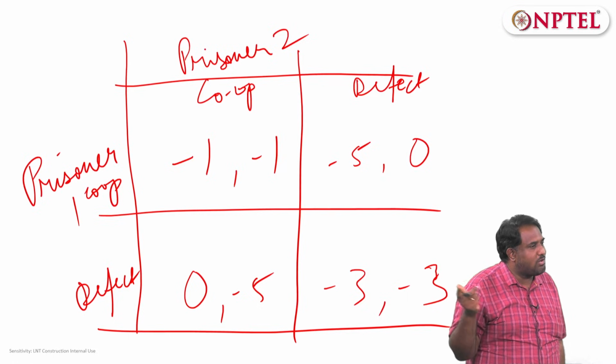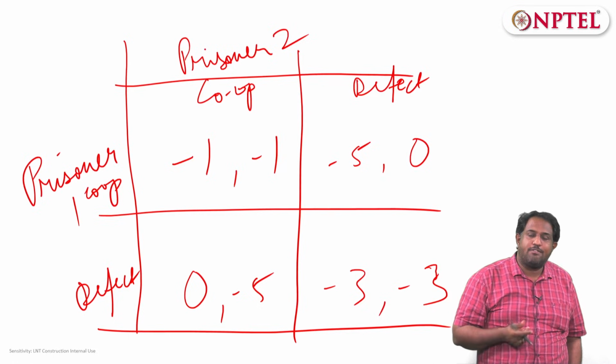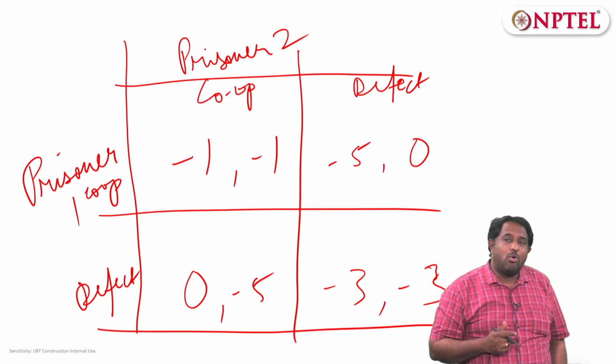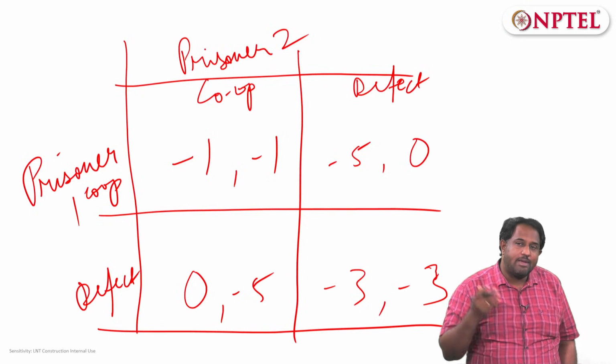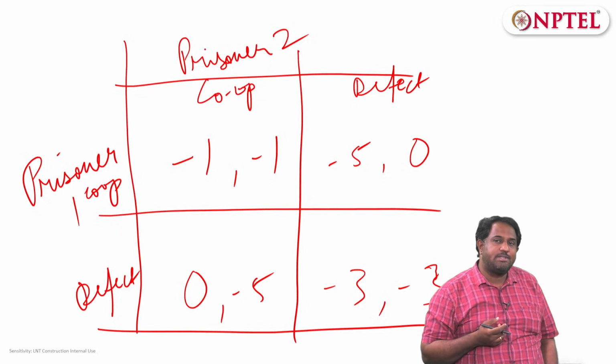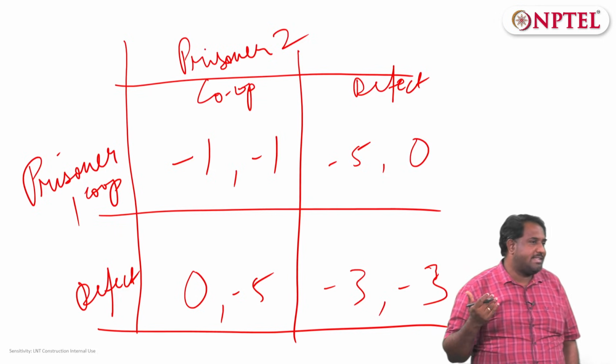He might say that I was not involved, and then he will make me go to jail for a longer period of time. When both of them squeal, they in fact end up getting 3 years of prison term. So the number here basically reflects the longer prison sentences, right?